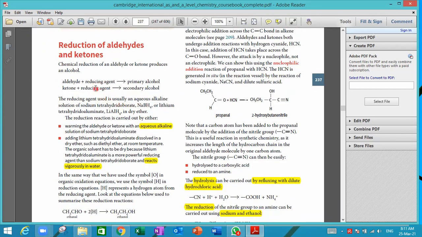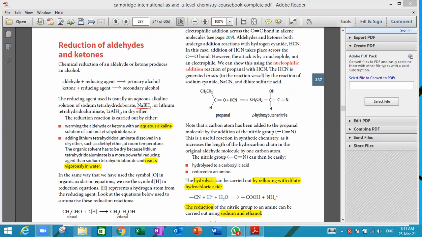And we usually do this reduction using either sodium tetrahydroborate, or lithium tetrahydroaluminate. Either this or that would be used as a reducing agent. But here we must always use them in the presence of dry ether. When they ask you about the conditions, you have to mention dry ether. Why?